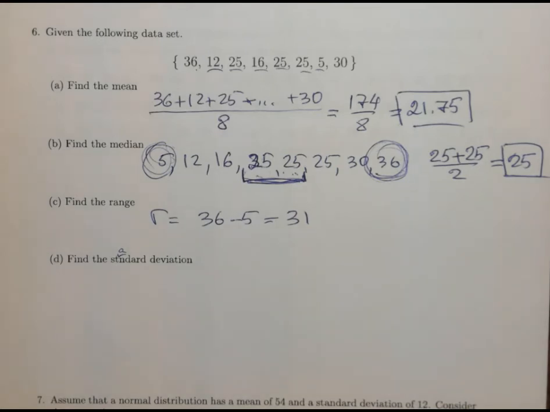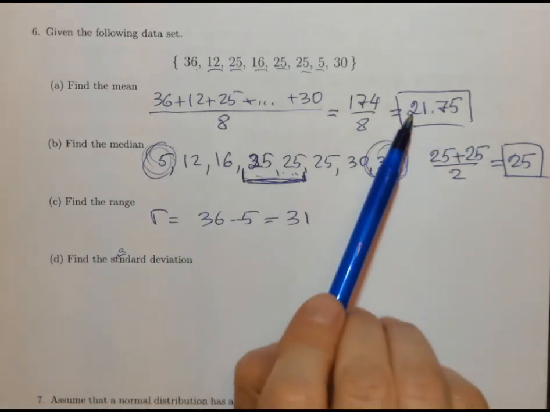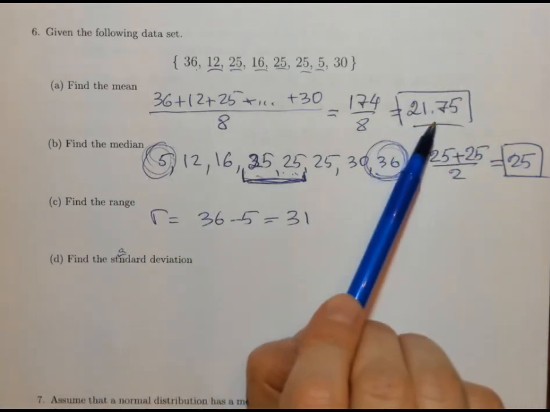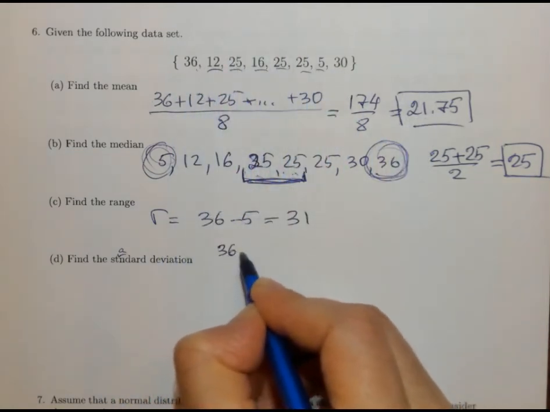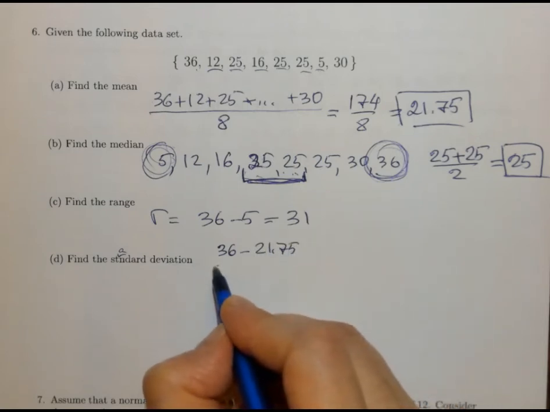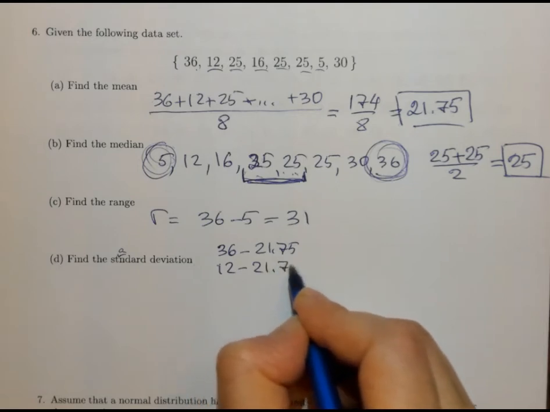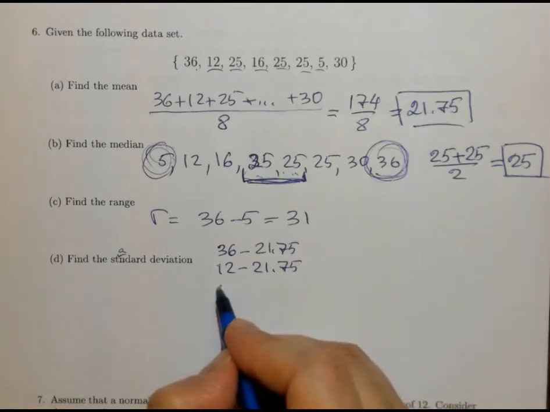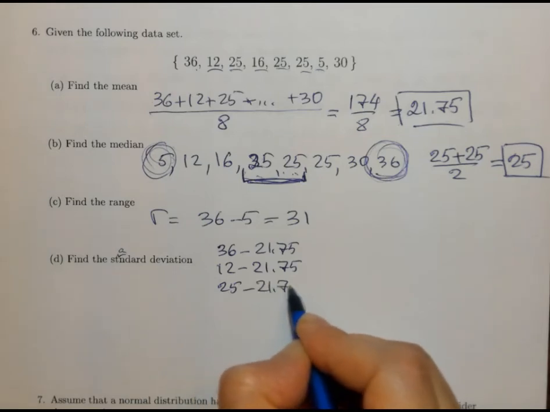And the most difficult part is the standard deviation. So we have to subtract the mean 21.75 from each of the numbers. 36 minus 21.75, 12 minus 21.75, 25 minus 21.75.